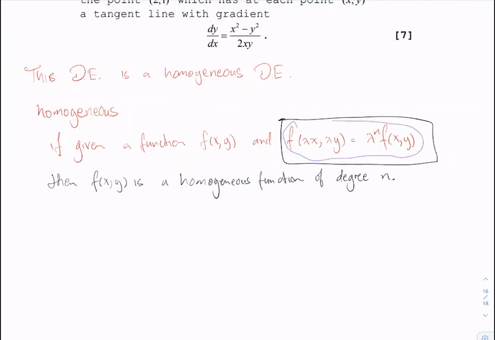If we plug in lambda x wherever we see x, and lambda y wherever we see y, and then somehow we can manipulate that into factoring out a lambda, then we realize that this function is indeed homogeneous.